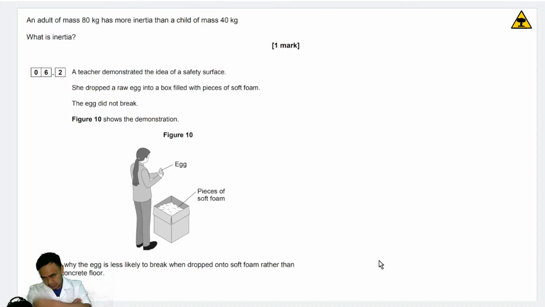Inertia is the tendency of an object to continue in its state of rest or motion. Okay, now this is a definition, so you really have to memorize this.